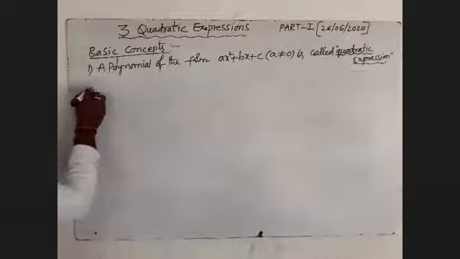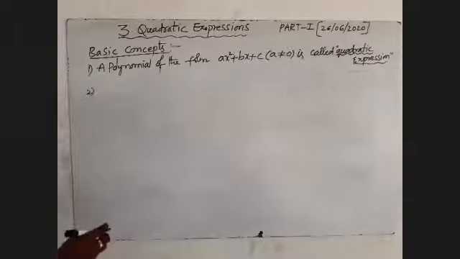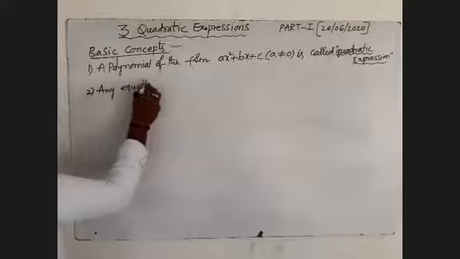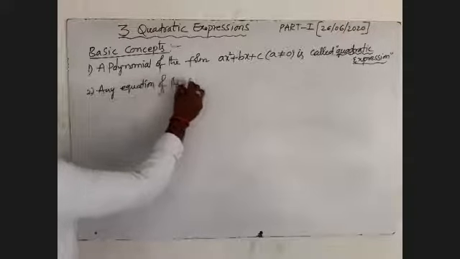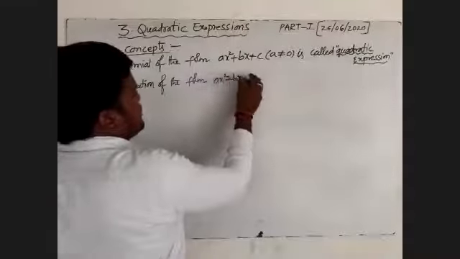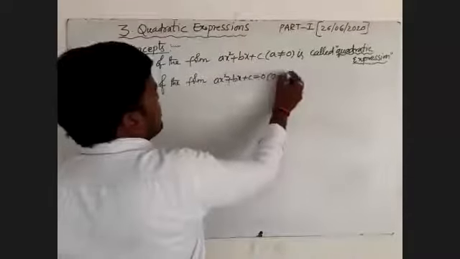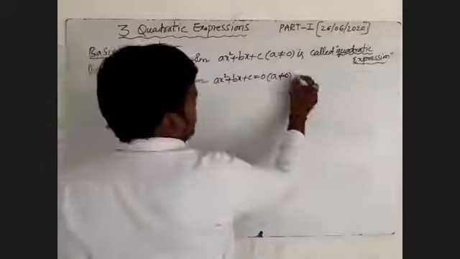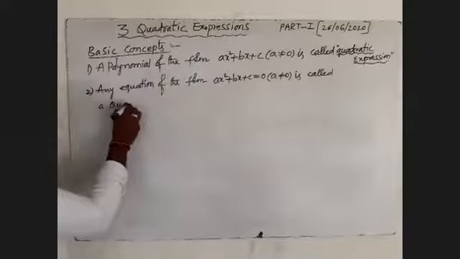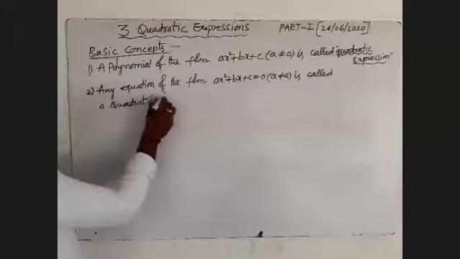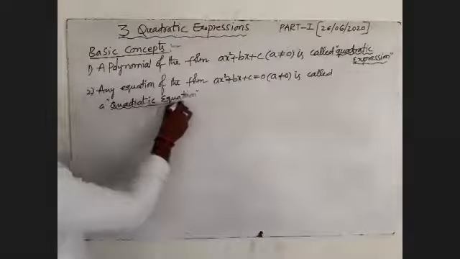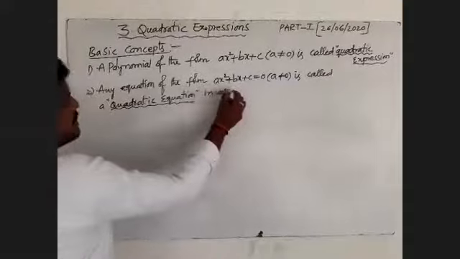I will write the second point. Any equation of the form ax square plus bx plus c is equal to 0, where a does not equal to 0, is called a quadratic equation in variable x.